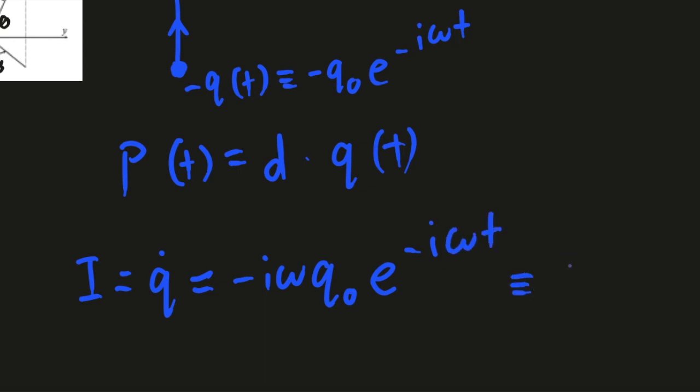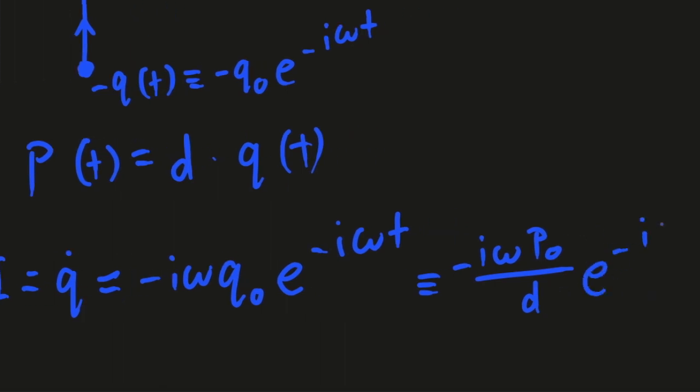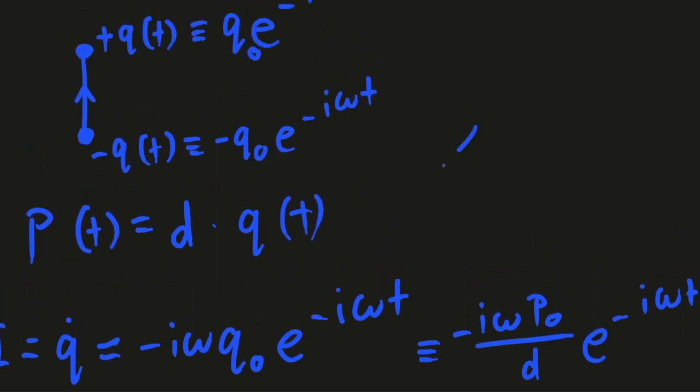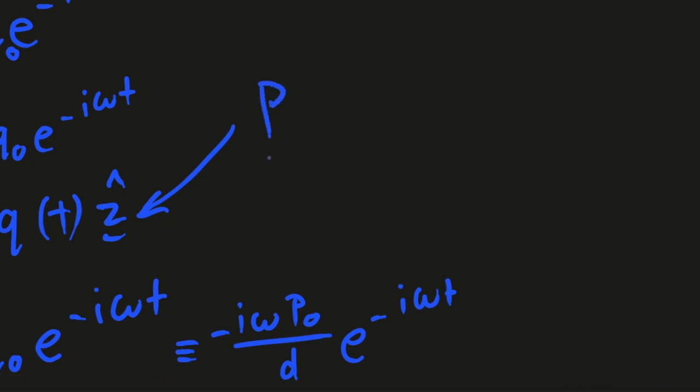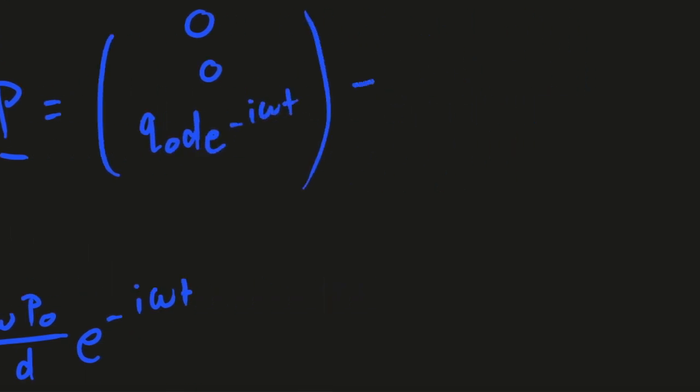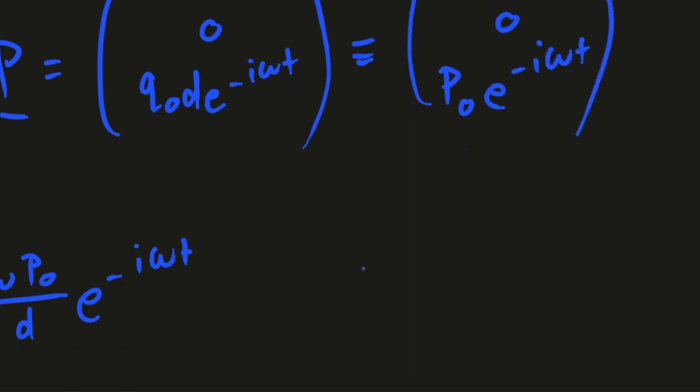This is equivalent to saying it's negative i omega p naught over d e to the negative i omega t. Now, what I've written here for my dipole has missed out some vector notation, but I can write my dipole as q naught d e to the negative i omega t, and I can equivalently say that it's 0, 0, some dipole amplitude, multiplied by some sinusoidal variation.